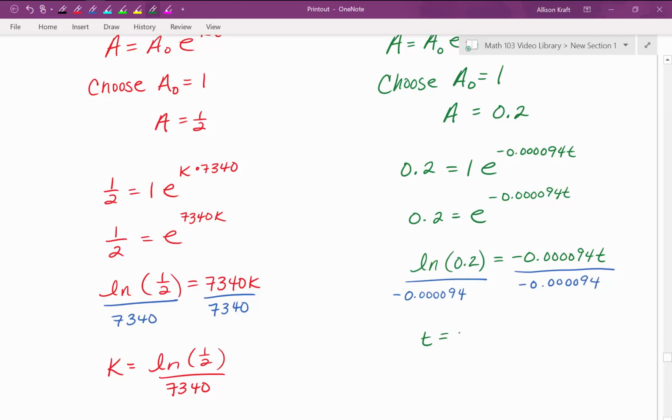We get t to be equal to 17,129.68. So how long is that? We'll say 17,122 years.